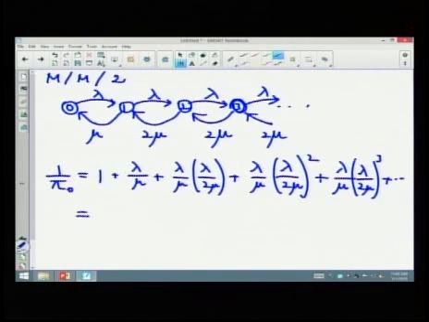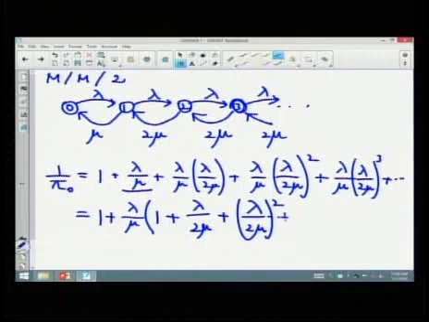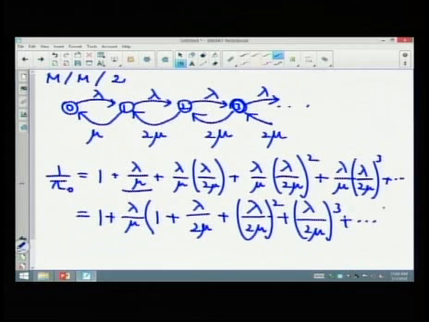So what I'm going to do is take out lambda over mu. So instead of lambda over mu, I'm going to have 1 inside the parenthesis, and then lambda over 2 mu, plus lambda over 2 mu squared, lambda over 2 mu cubed, and so on.